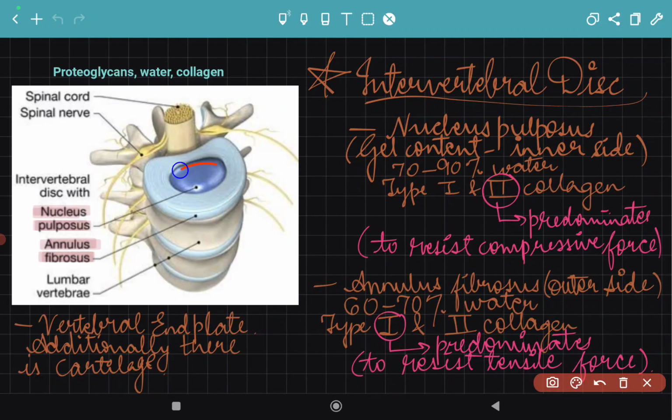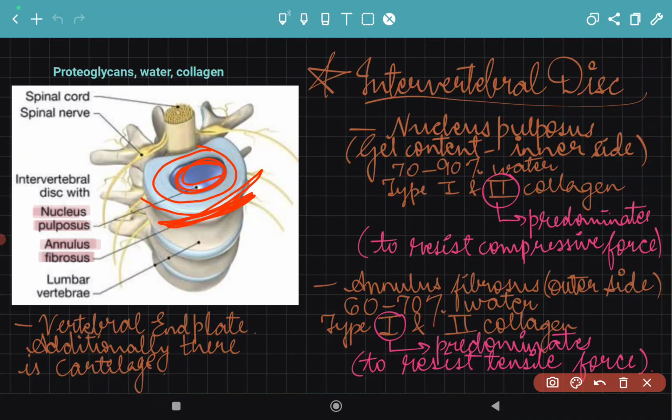Nucleus pulposus resists compressive forces with more water content and more type 2 collagen. Annulus fibrosus resists tensile forces with more type 1 collagen and less water, that is 60 to 70% water. Apart from this, there is also the vertebral end plate at the end of the disc.